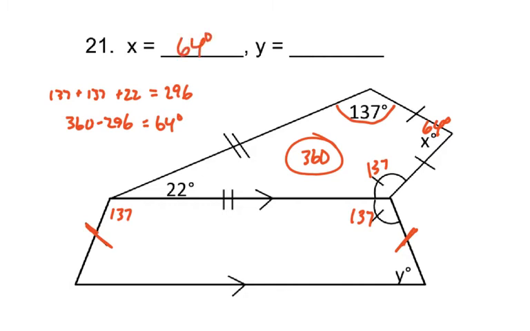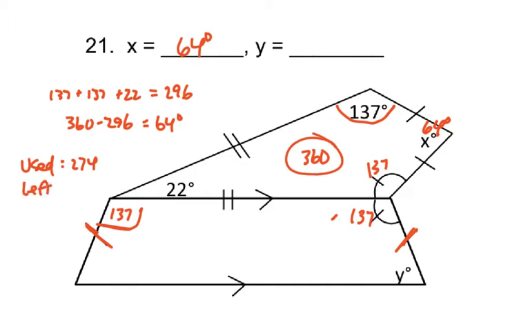And then on y, we had the 2 angles here. We know that this also adds up to 360. We've used whatever 137 plus 137 is, which I believe is 274. We subtract from 360, and we get, trying to do this in my head, 86.